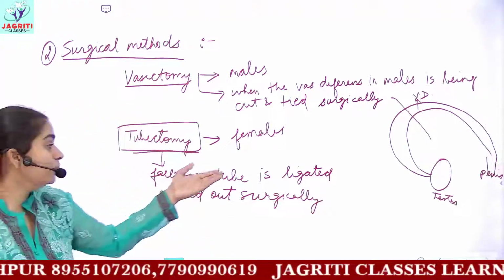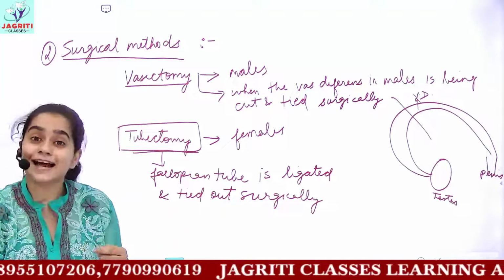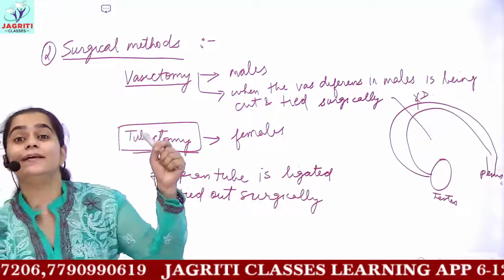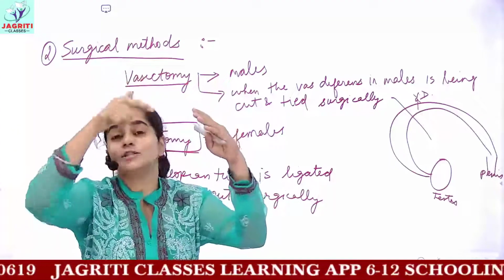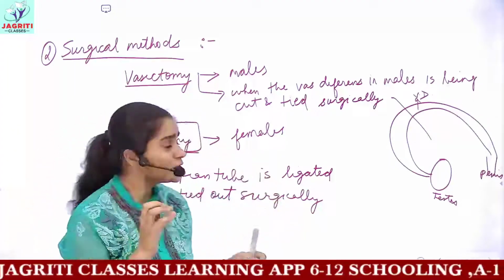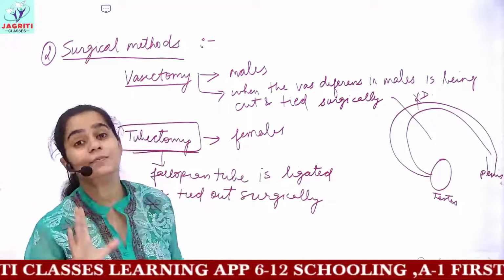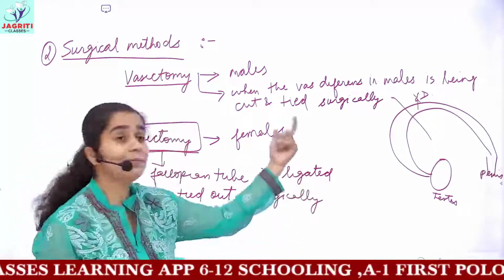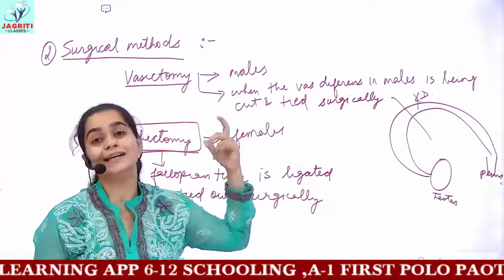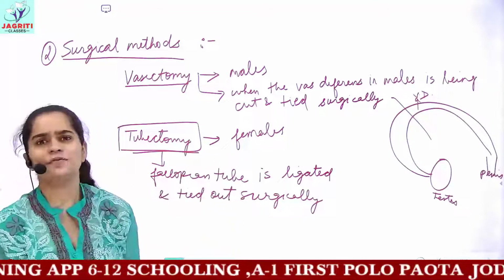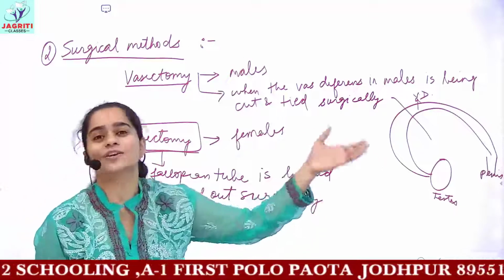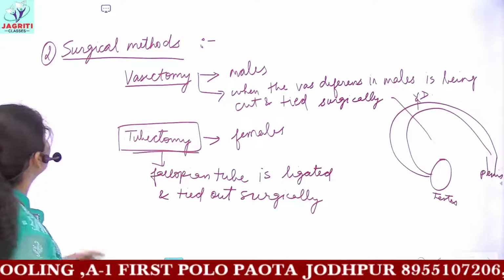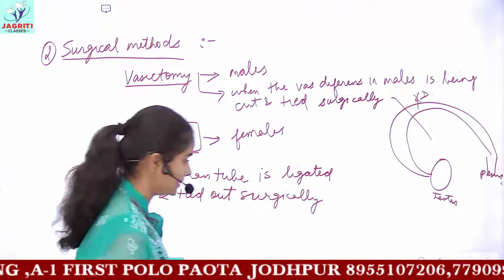If the fallopian tube is cut and tied, then it would not allow the entry of sperms. Even if the sperms enter the female reproductive tract, they would not be able to meet or fuse with the egg, and if fertilization does not occur, then there is no chance of formation of zygote, fetus, anything. So this is the second method of contraception.